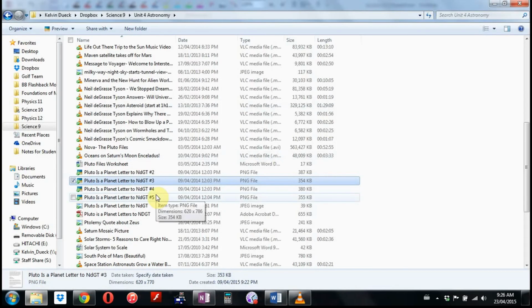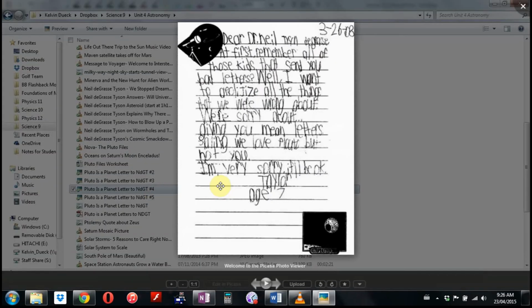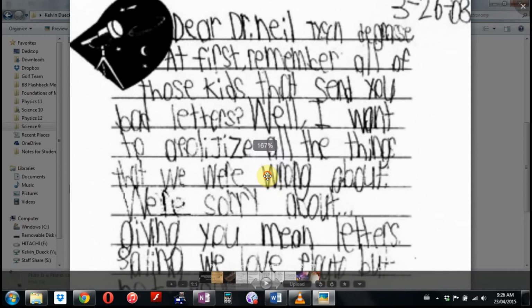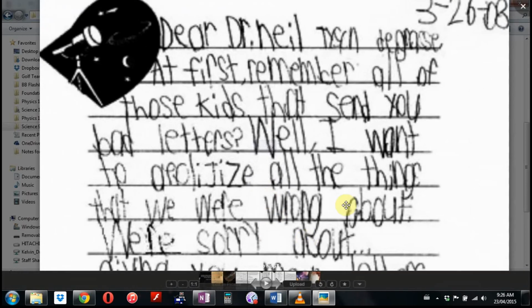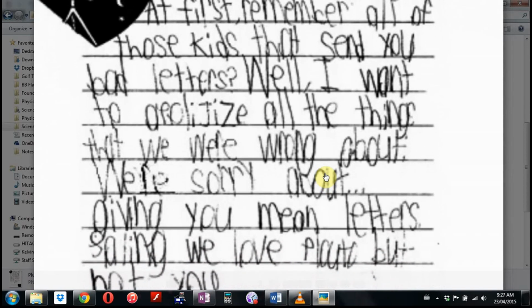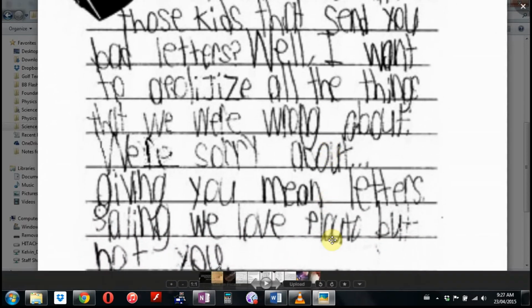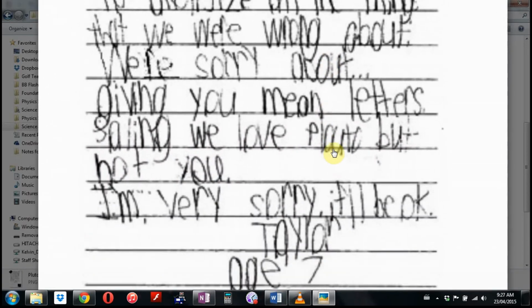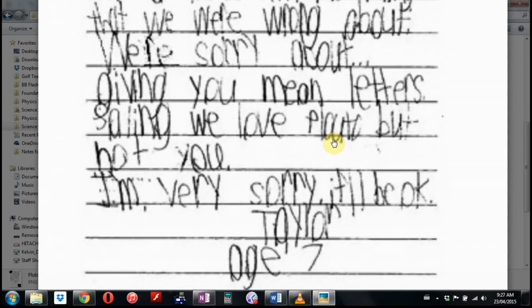But eventually, time heals all wounds, and people get over it. Dear Dr. Neil Tyson deGrasse, at first, remember all those kids that sent you bad letters? Well, I want to apologize for all the things we were wrong about. We're sorry about giving you mean letters saying that we love Pluto, but not you. I'm very sorry. It'll be okay.